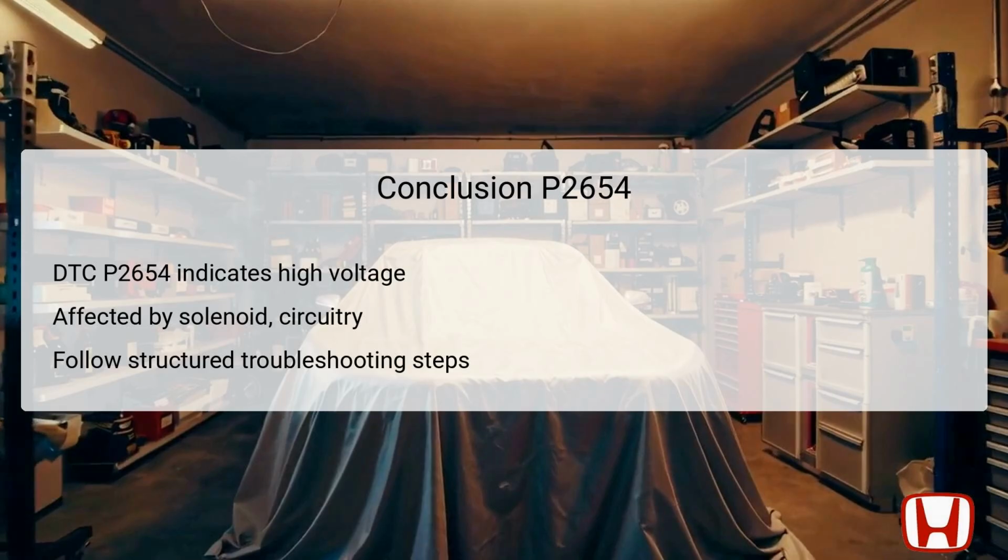Through a structured troubleshooting approach, encompassing testing the solenoid, inspecting wiring, and evaluating the PCM, you can effectively identify the root cause of the problem. Consistent preventive maintenance and periodic diagnostics can ensure a smoother operation of the engine, extending the longevity of its components. Addressing DTC P2654 promptly will enhance engine performance and reliability.